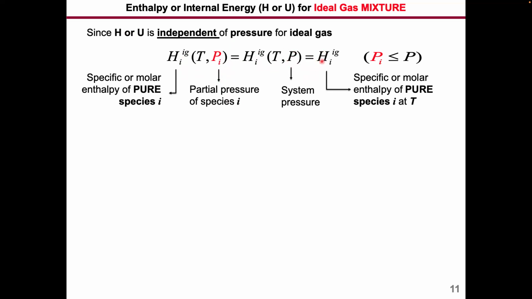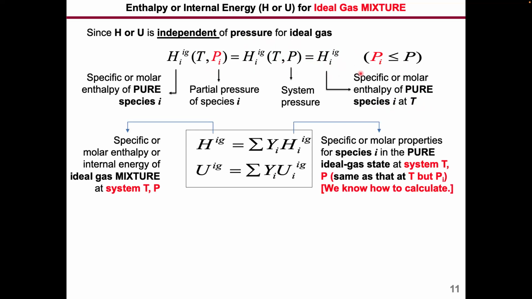And these are all going to be equal to H_i^IG, the ideal gas state enthalpy, right? So basically, this is the specific or molar enthalpy of pure species i at temperature T. As long as your T is fixed, this is fixed, and same thing with this and this, right? Although P_i is smaller than P, their enthalpy is the same, okay?